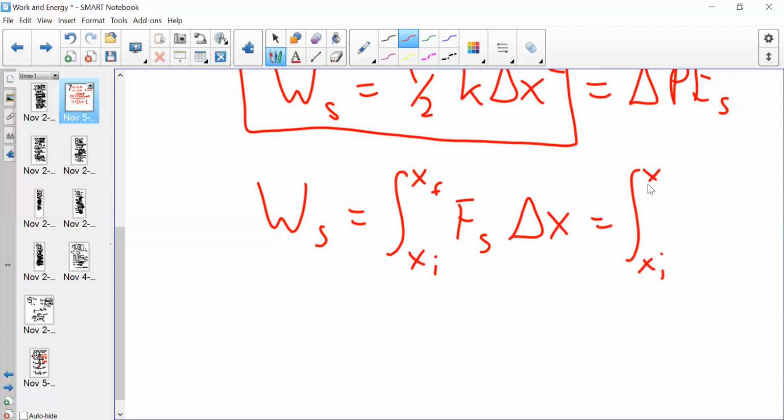It's the same thing: Fs dx. Now, I just stipulated that the spring force is going to be a constant on either side of the spring. We cannot take the integral of a constant, so we've got to bring this guy out.